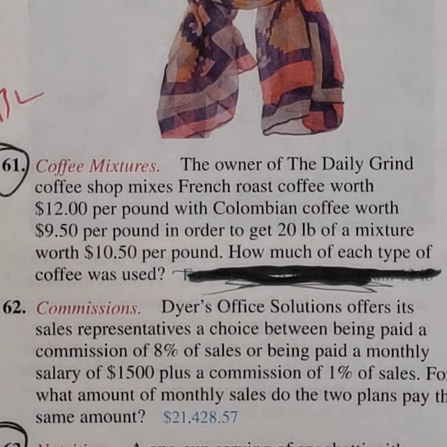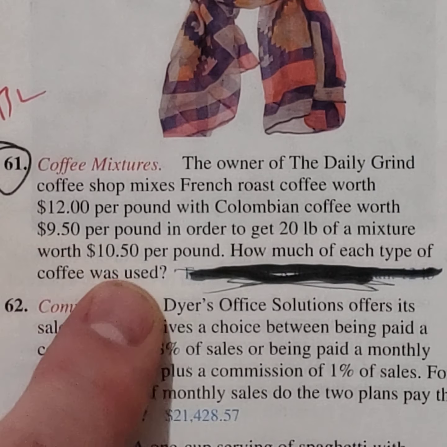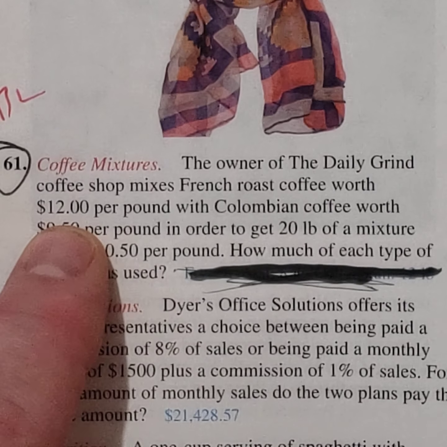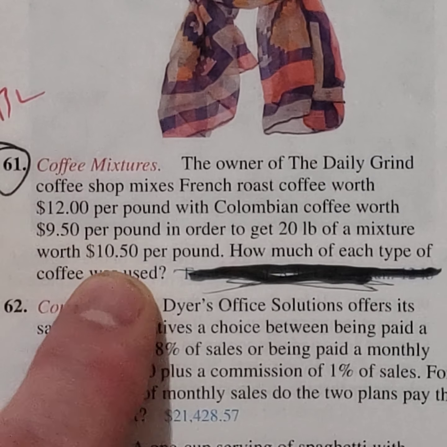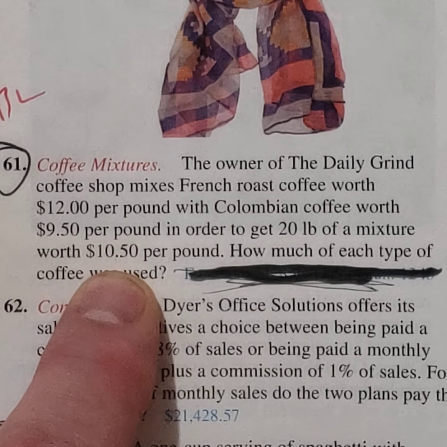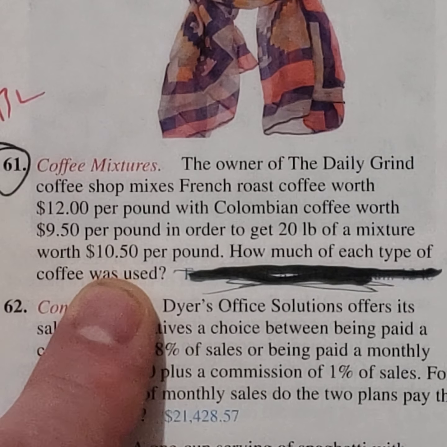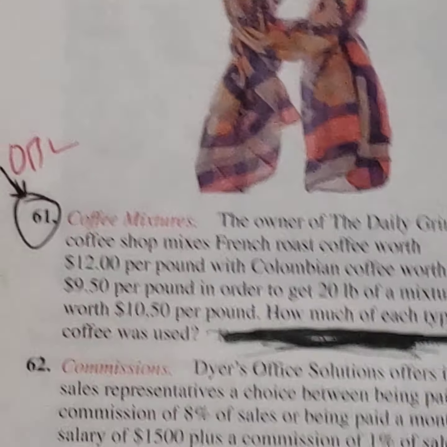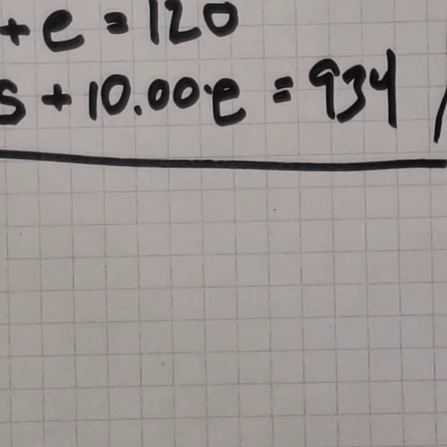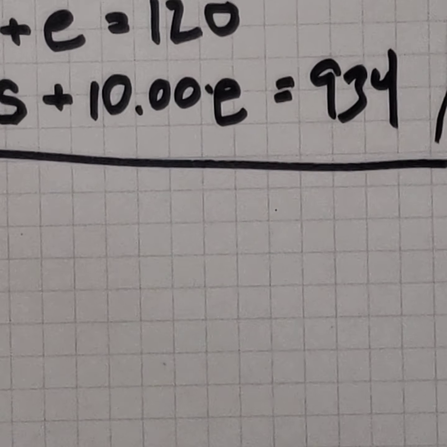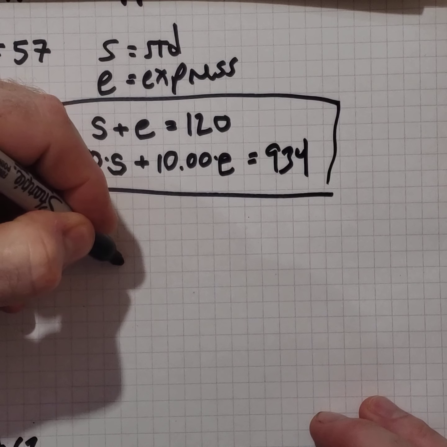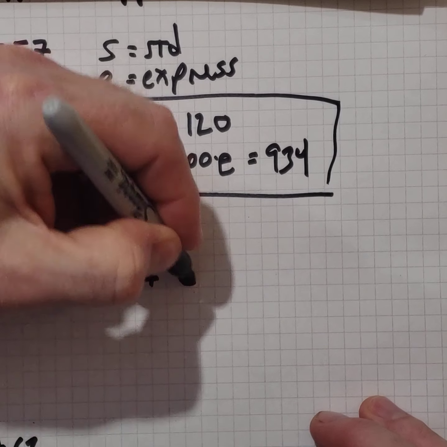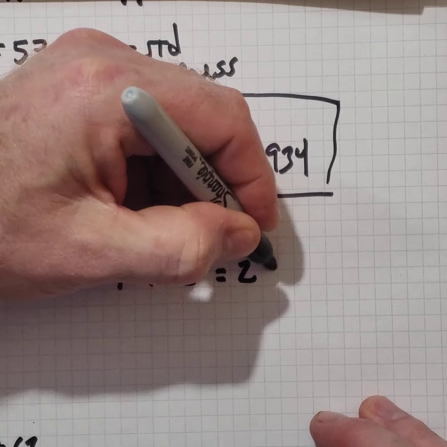And the cost needs to work out to where the $12 a pound French roast and the $9.50 a pound Colombian sort of balance each other out to make a mixture worth somewhere in between, $10.50 a pound. So we've got our French and Colombian. I'm going to use F and C for those. So my first restriction is that the French plus the Colombian has to equal 20.